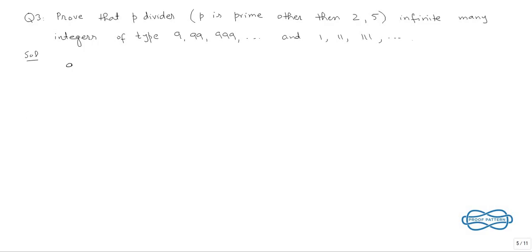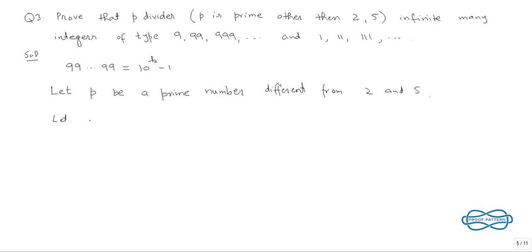Now the integer of this type can be written as 10^k minus 1, if these 9s are k times. Now let p be a prime number different from 2 and 5.